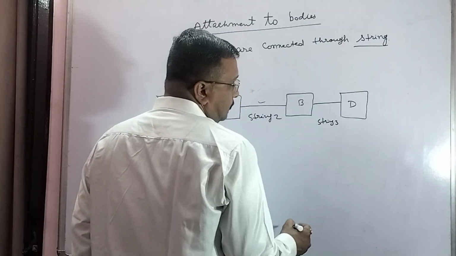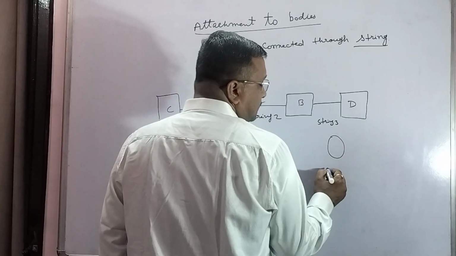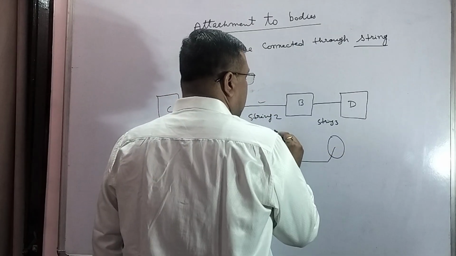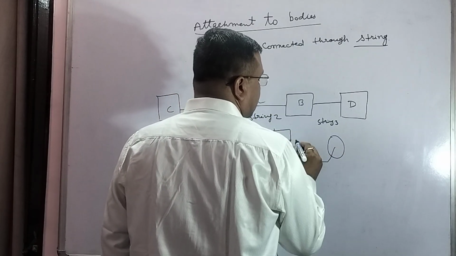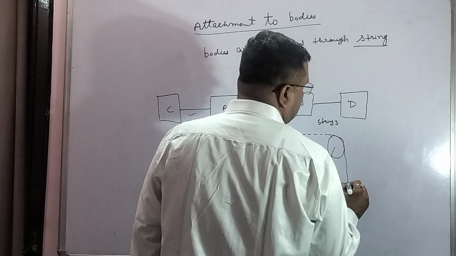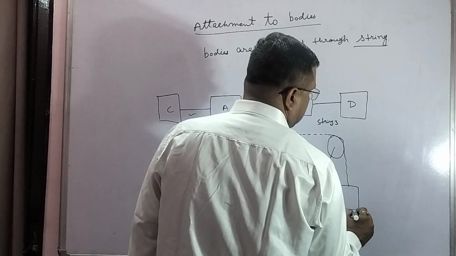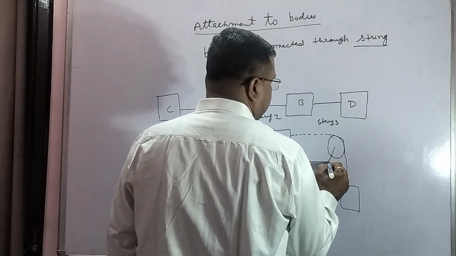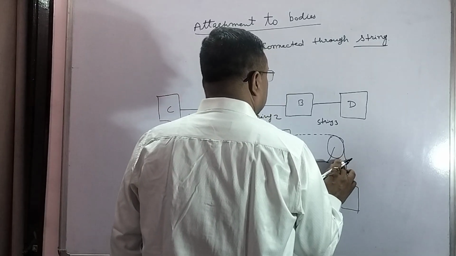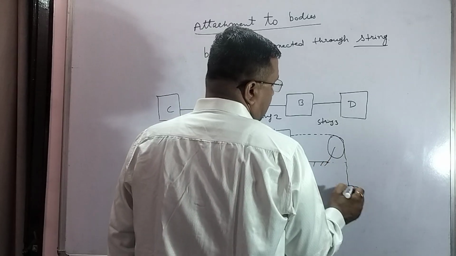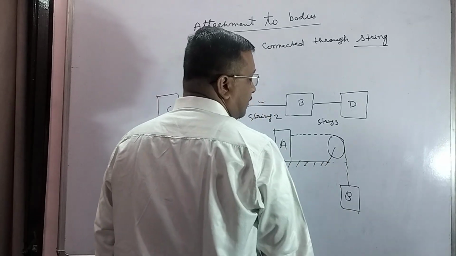Another example could be, suppose this is a pulley. The block is here, and the string goes over this pulley, and in this way it is connected. This is block A, which is placed on a horizontal surface, and block B is hanging.